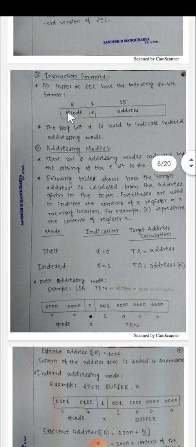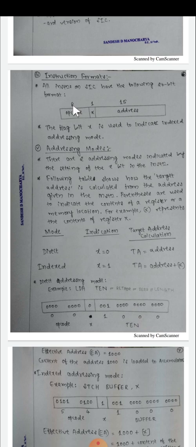Since there are only 15 bits for the address field, we have to start from the right side. The last 0 is represented with 4 bits, the next 0 with 4 bits, and this 0 also with 4 bits. So 12 bits are filled. Now the remaining 3 bits we have to fill, and this 1 is represented with only the rightmost 3 bits, that is 001. This is how we fill all the bits of this instruction: opcode, x, and address.